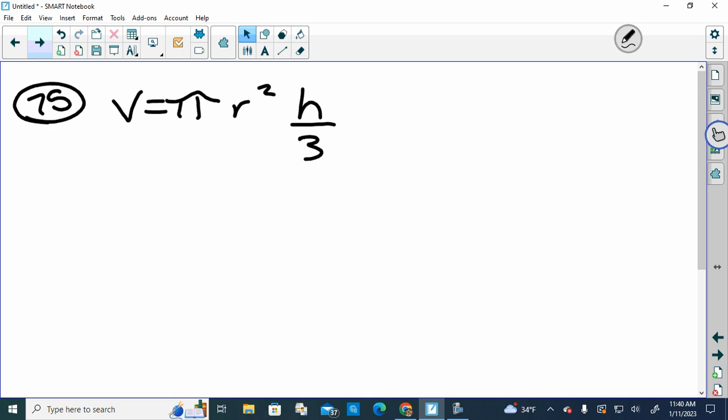Okay, pi is what? 3.14. What was the radius? 8. We're going to wind up squaring. What was the height? 11.